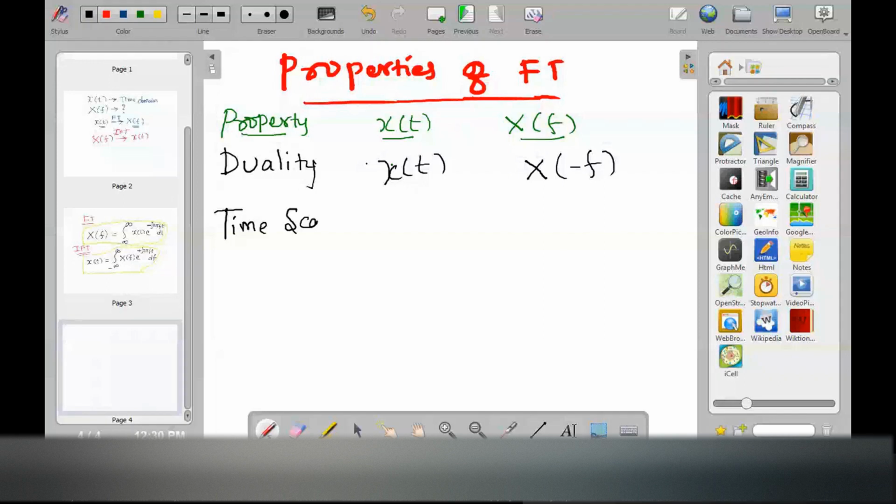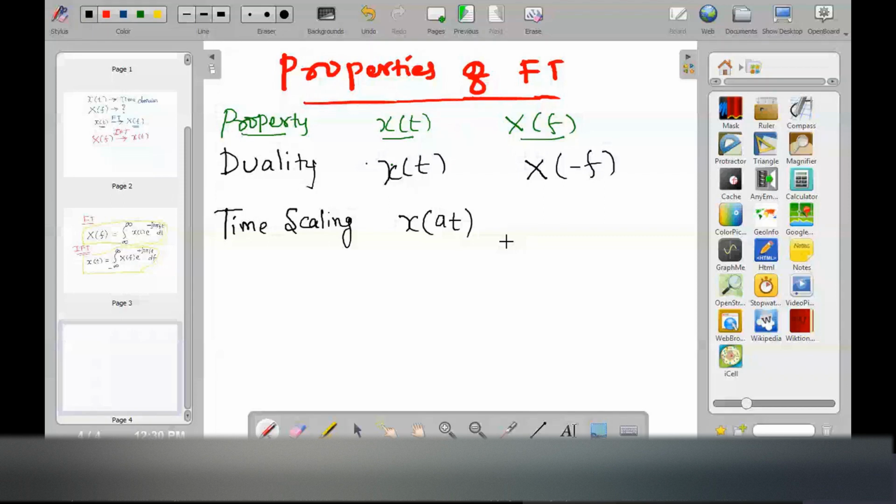Time scaling, that means I am scaling in terms of time. If x of at, instead of x of t, if I multiply its time by a factor a, that is called time scaling. In the frequency domain, what will happen is this will be divided by modulus of a, 1 by modulus a into x of f by a.